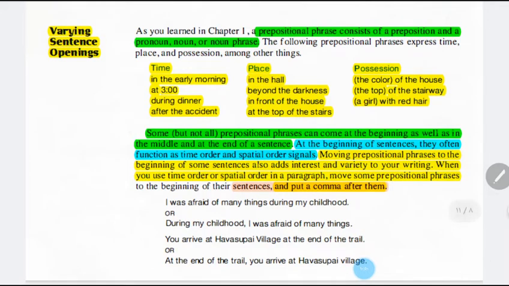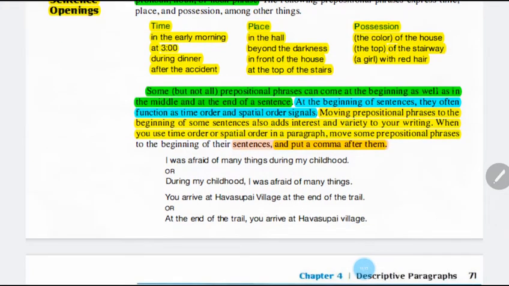So here we have this group of prepositional phrases that we can use in writing to make spatial order in a paragraph, but we can also move them to the beginning of the sentence. So some but not all prepositional phrases can come at the beginning as well as in the middle and at the end of a sentence. We can use them in different places.